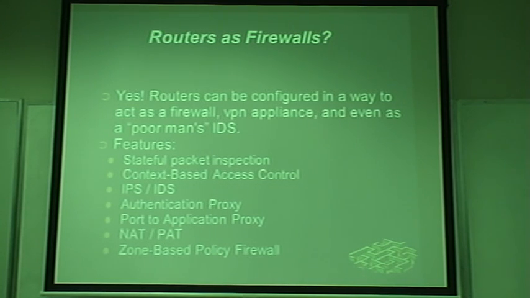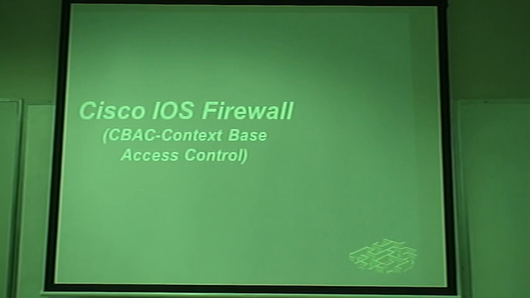It will have context-based access control, intrusion prevention and intrusion detection systems, an authentication proxy, which we're not going to go into too deeply, port to application proxy, which again we're not going to go into too deeply, NAT and PAT, which we will talk about, and we're going to touch on zone-based policy firewall, which is nothing more than a virtual firewall, or multiple routers within one router. VMware for routing, if you will.